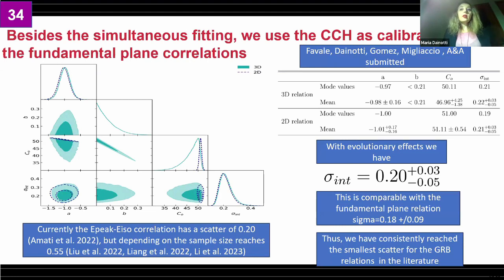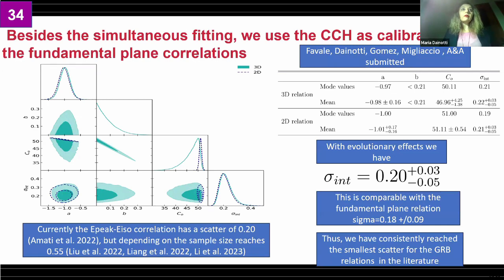But here we have reached a scatter of 0.18 plus or minus 0.09. So this scatter is comparable with the tightest analysis that we have done with the fundamental plane relation, also after we have taken into account the evolutionary effect.